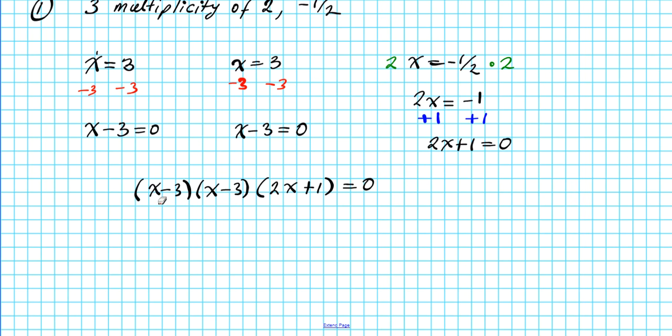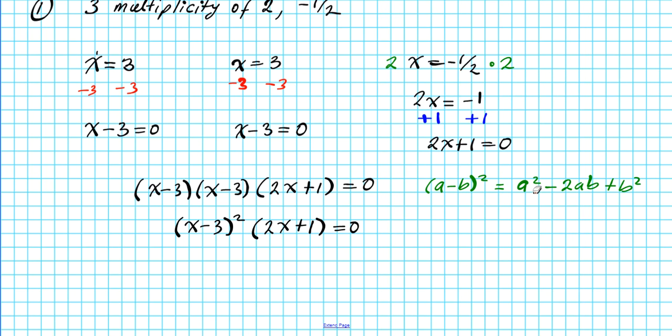Okay, so (x - 3) times (x - 3), these are identical factors, so they can be expressed as (x - 3) squared times (2x + 1). Now we can take advantage of the square of a difference formula that I showed you earlier. (a - b) squared is equal to a squared minus 2ab plus b squared.